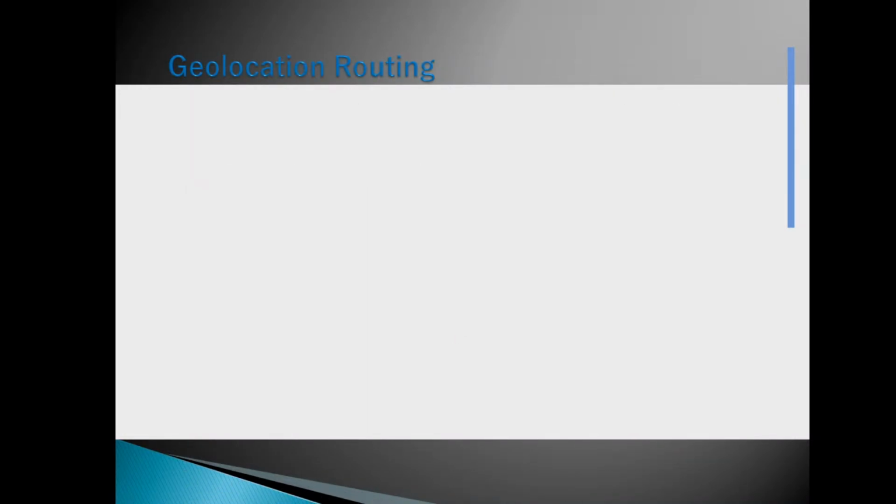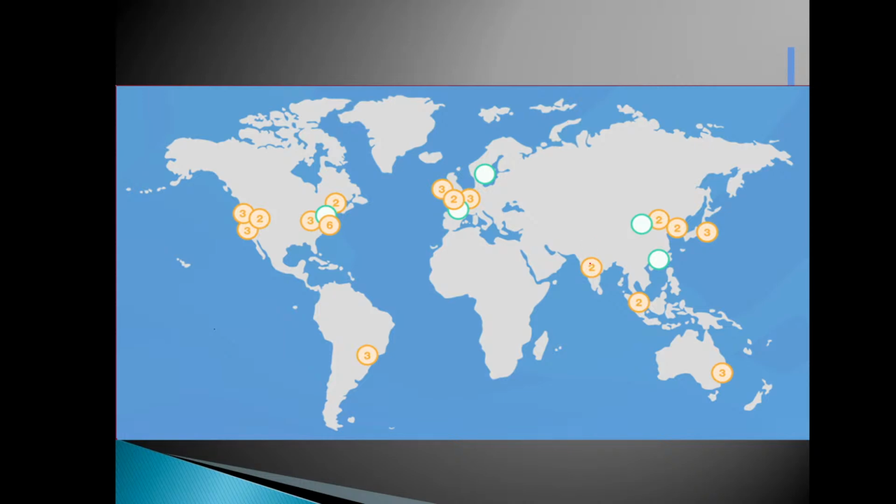Geolocation. What is geolocation now? So here you have one user and you have one EC2 machine here, one EC2 machine here, one EC2 machine, our website is hosted in different regions.